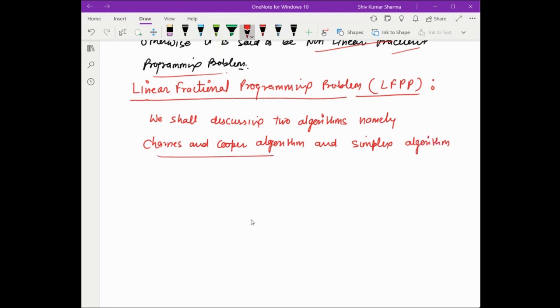First is Charnes-Cooper, second is the simplex algorithm, to solve the following linear fractional programming problem.